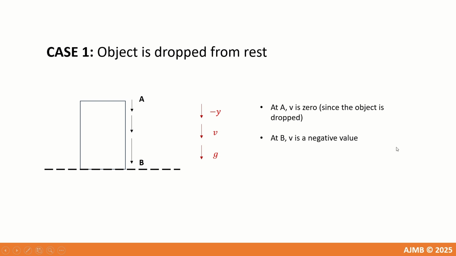On the right here are the two important pieces of information that you have to remember. At point A, since the object is just dropped from that height, the initial velocity is equivalent to 0. And at point B, the velocity or the speed of the object just before it hits the ground is a negative value.